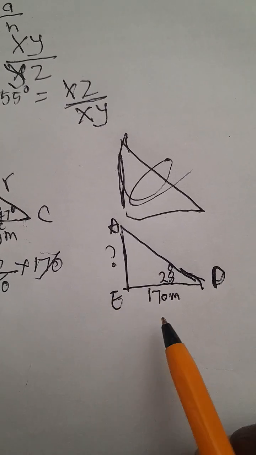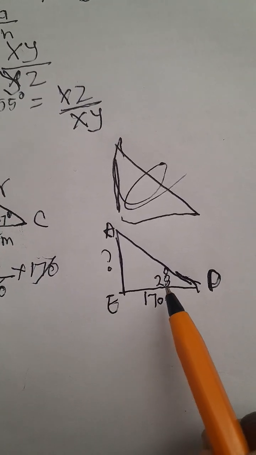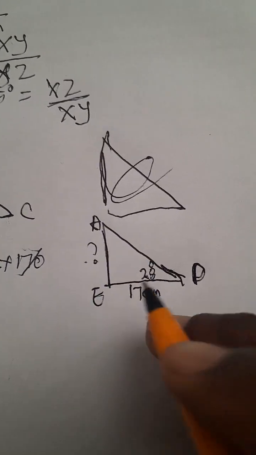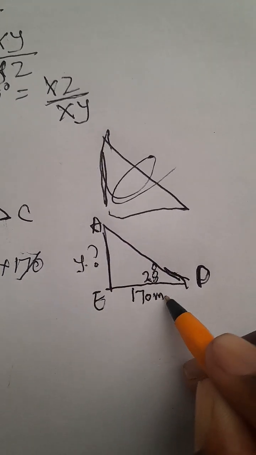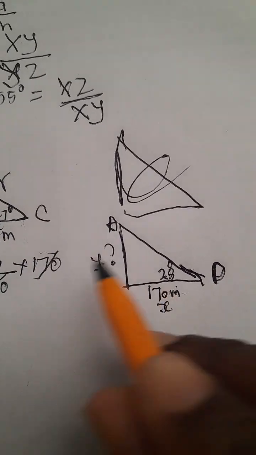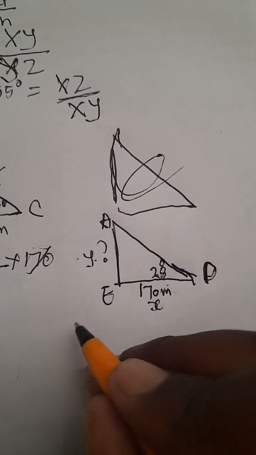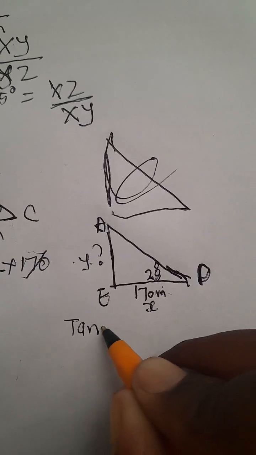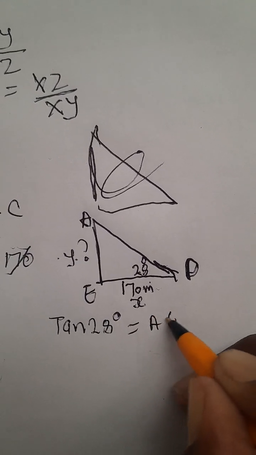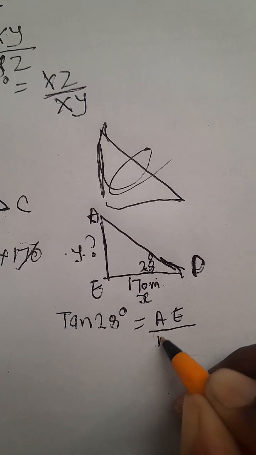So what should I do here? I'm standing here, my opposite is here, so this will be our Y, and this will be our X, adjacent. So we're looking for Y. We have opposite and adjacent. I told you that will be tan. So that will be tan 28 equals your opposite, AE, over your adjacent, 170.